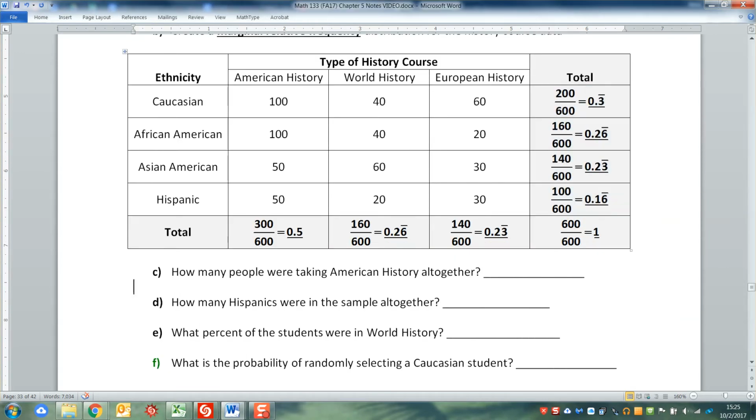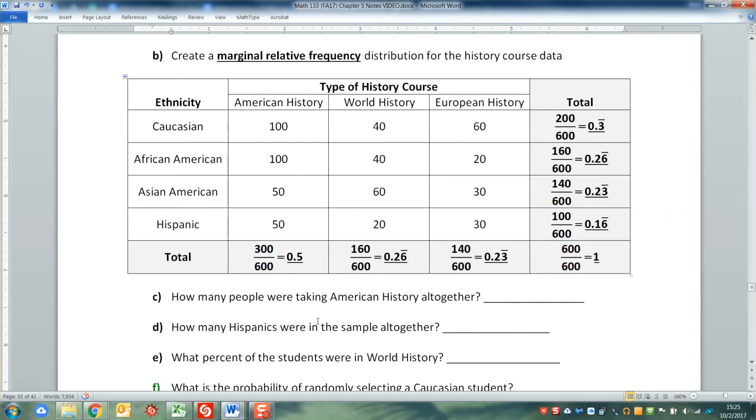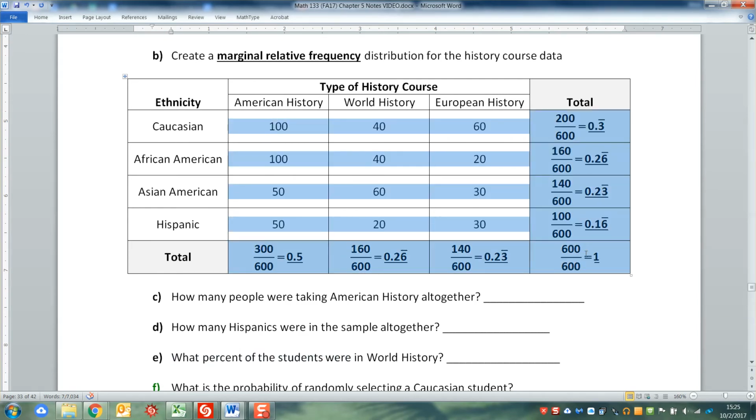All right, now how many people were taking American history altogether? How many is a frequency question, as opposed to what percent. If they ask what percent, which would be like letter E, that's a relative frequency question.